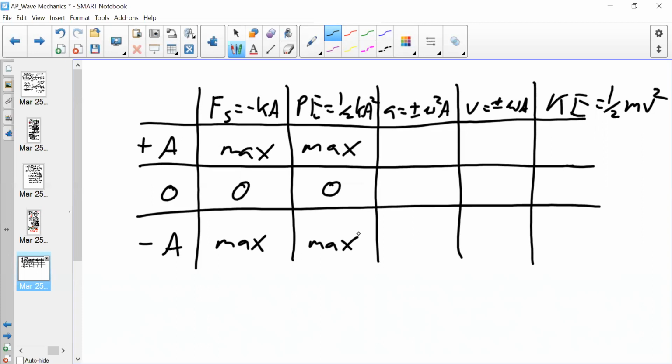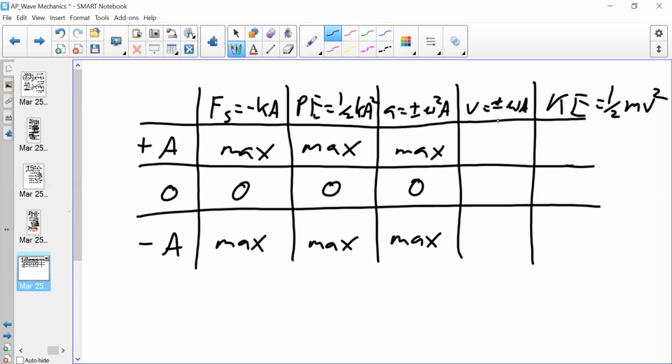The instant the mass is at A and negative A, the potential energy 1/2 Ka squared is maximized. Momentarily it has the spring's potential energy, and then it converts maximally to kinetic energy right in the middle. If this is maximum force, the acceleration is also maximum at the edges, as we saw in the graph.